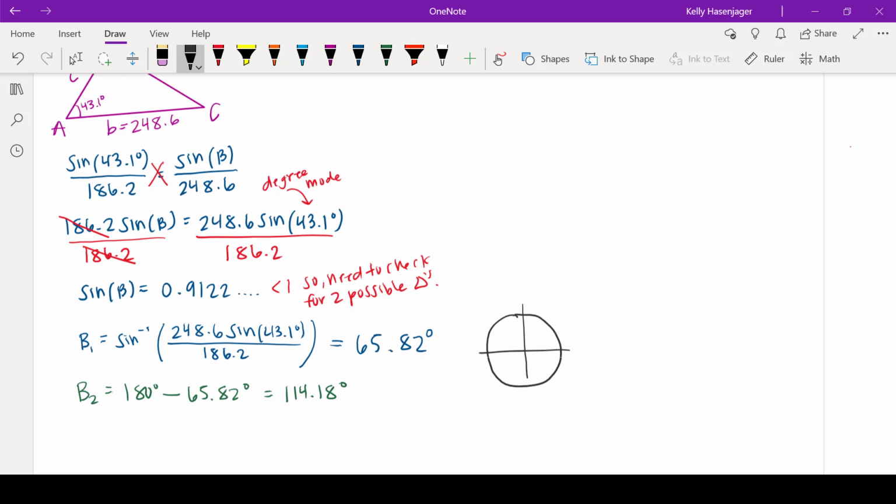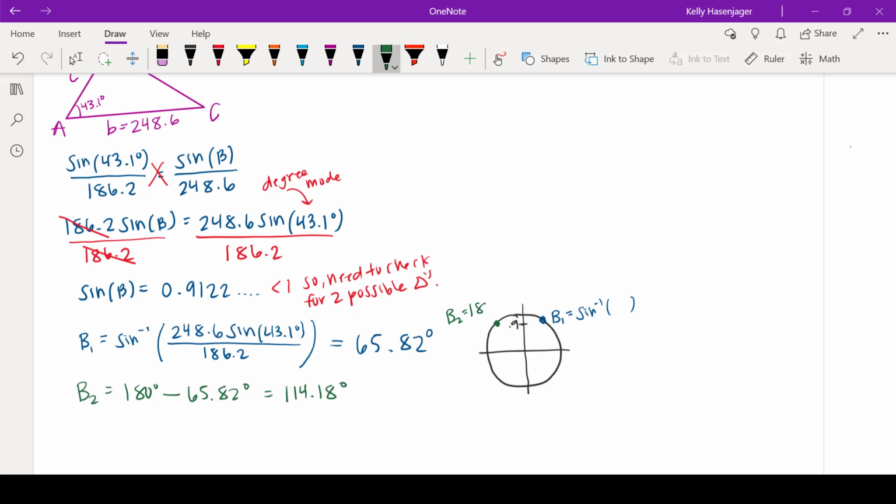Now, where did those 2 B values come from? So originally, you'll see, I'm highlighting it, that sine of B was 0.9122. So we want the Y value to be 0.9. And if you look at the unit circle, there's actually 2 angles that have the Y value 0.9. So our B sub 1, that's our first angle, is given to us by inverse sine, because it's on that right-hand side of the unit circle.